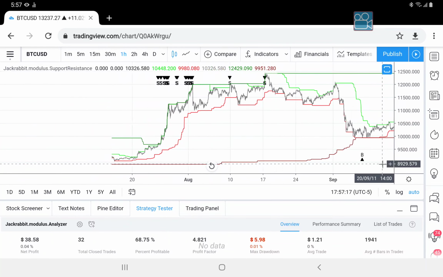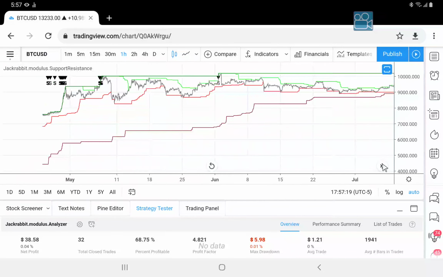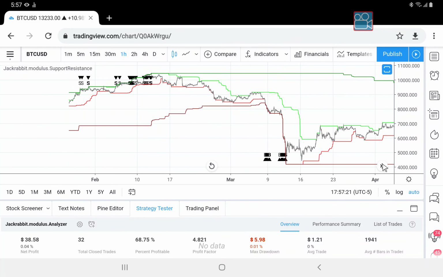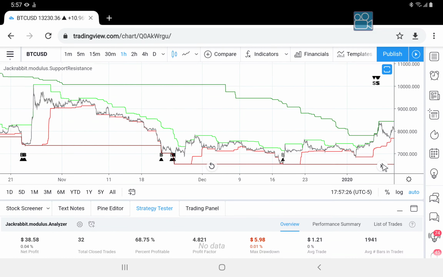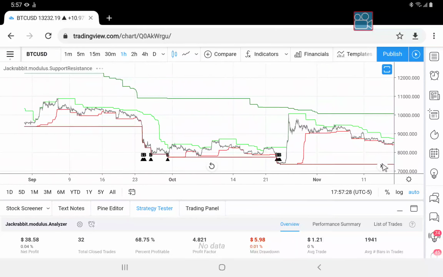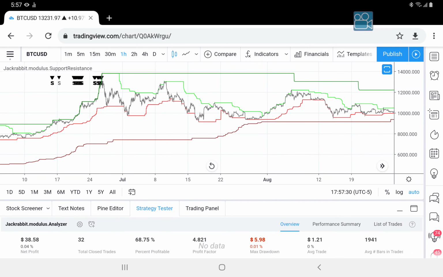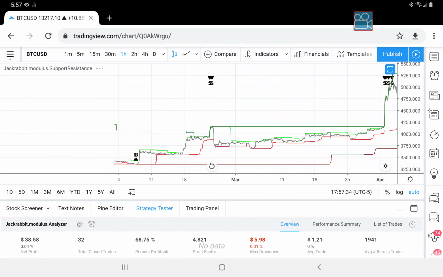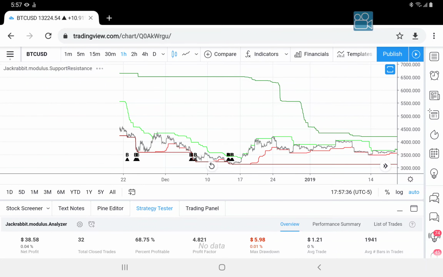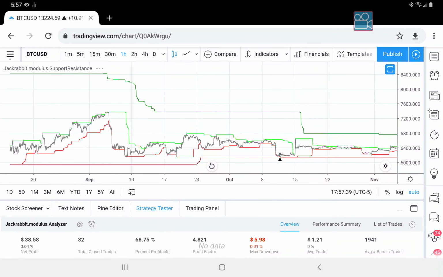Let's go to Black Thursday and the March-February approach. And you can, of course, use wider values than what I chose to control the support level even more.